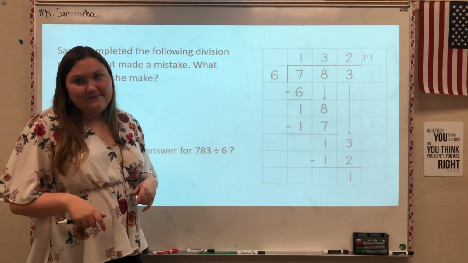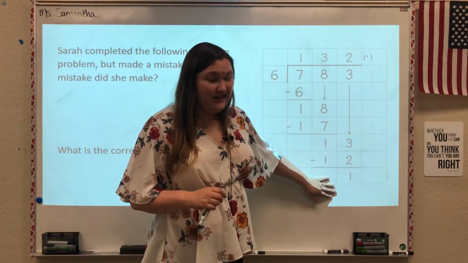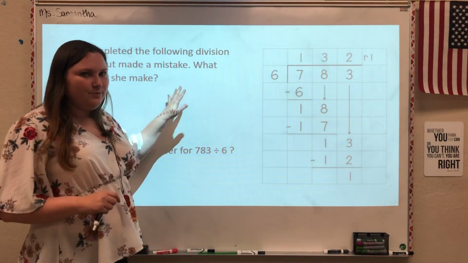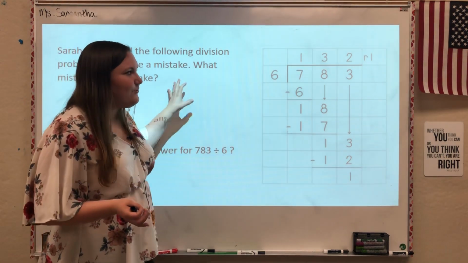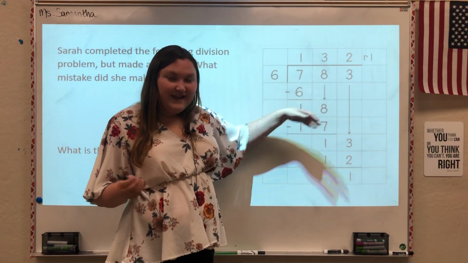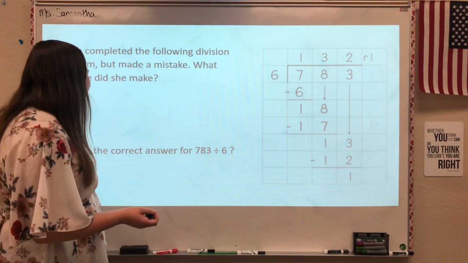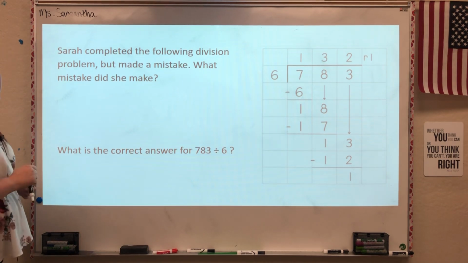Instead, what I like to recommend students do is don't look at the work at the beginning. Go ahead, do the problem yourself, and then you've got your work that you're more confident with because you did it. You can compare your work with the student's work and find the mistake that way. So keeping that advice in mind, go ahead and try doing just this first part here. See if you can find what mistake did she make.